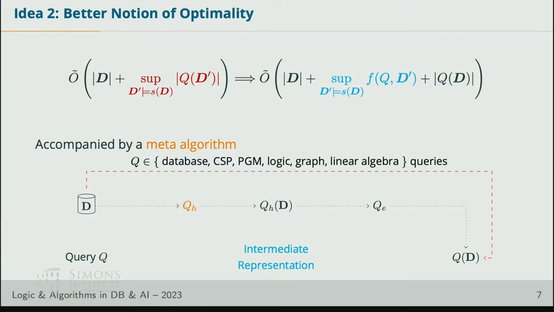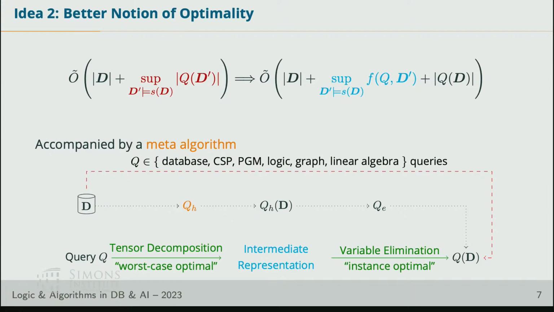Do you want to formally put any restriction on what QE can do? Do we want to do something very simple, with some specific properties? For this talk, and for all I know, my QE is just this one. It will be basically, from this intermediate representation, we can run a variable elimination algorithm to get the output.